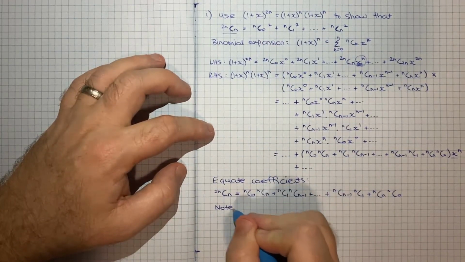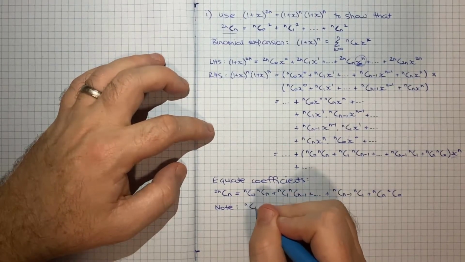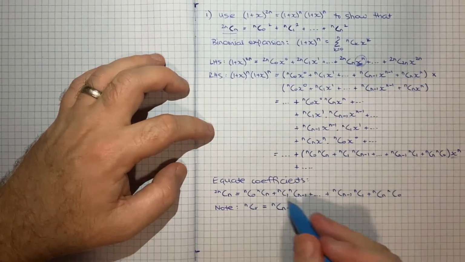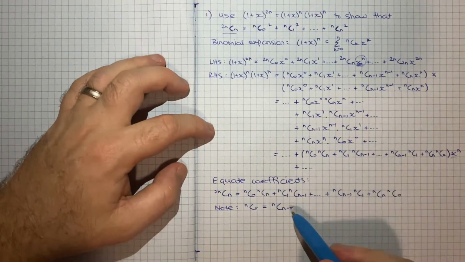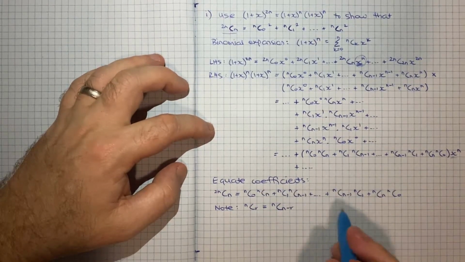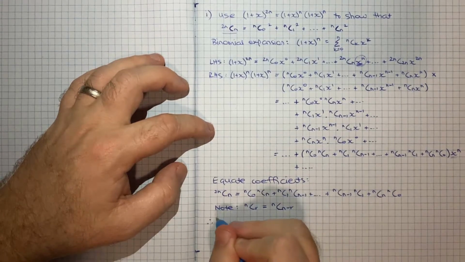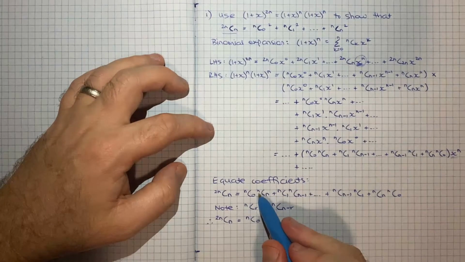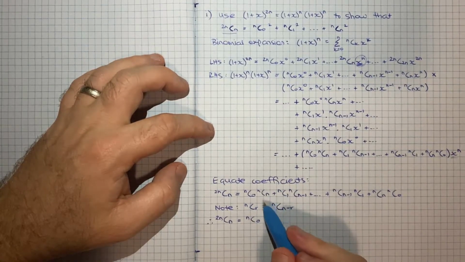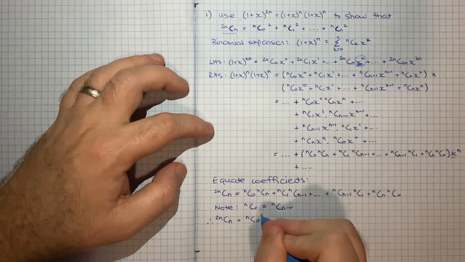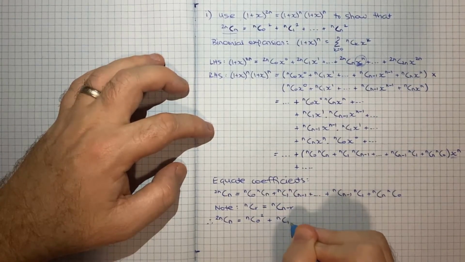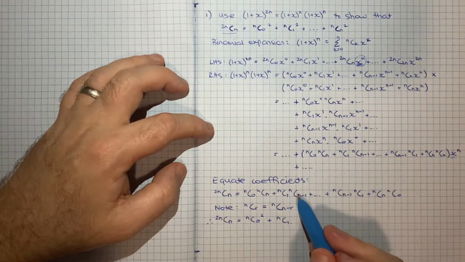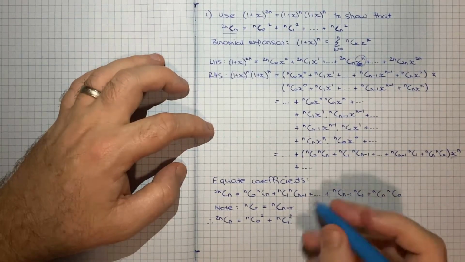But if we note that nCr can be written as nC(n-r) because of the symmetry of Pascal's triangle, basically, then we can see what we end up with. Then we can conclude that 2nCn is equal to nC0 times nC(n-n), which would be another nC0, so that's squared, plus nC1 times nC(n-1), which would just end up with nC1, so that's also squared, and so on.